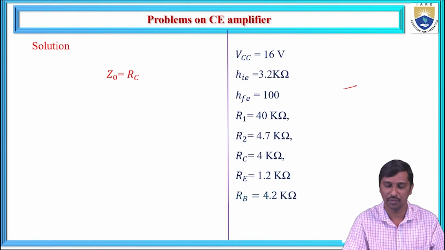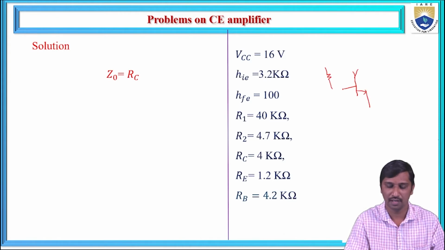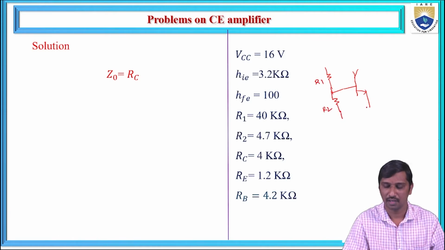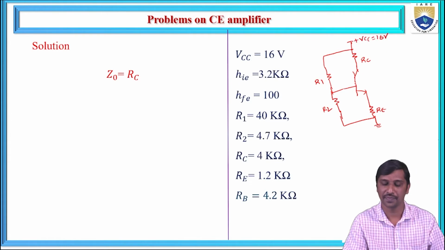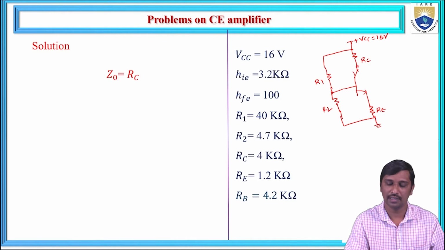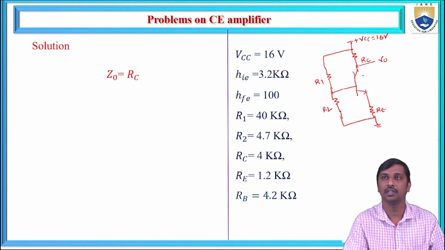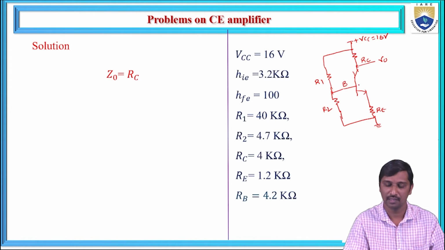If we take this common emitter amplifier, on the input side we use the R1 resistance as well as R2 resistance, and it has the RE, these two are connected to ground, and the collector is biased with RC resistance and a DC source, that is VCC equal to 16 volts. Across this collector terminal, we are going to find the output voltage, with the base, the emitter, and the collector.